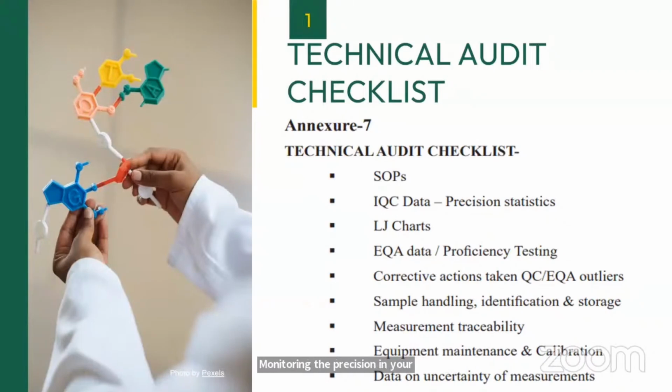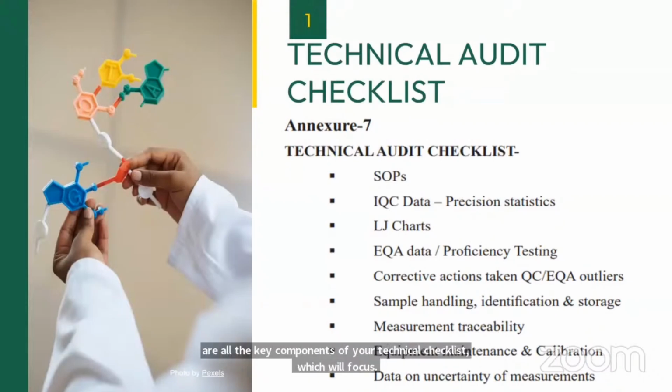So the statistics related with the IQC data should be audited. LJ charts should be audited or examined. EQA data or proficiency testing should be audited. So EQA data, LJ chart, IQC data, these are all the key components of your technical checklist, which will focus on the reliability of the results generated by the laboratory.